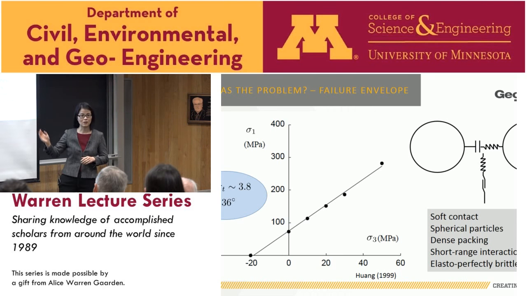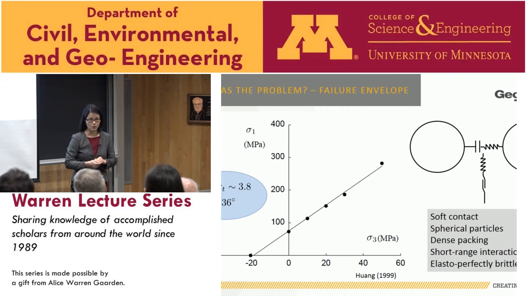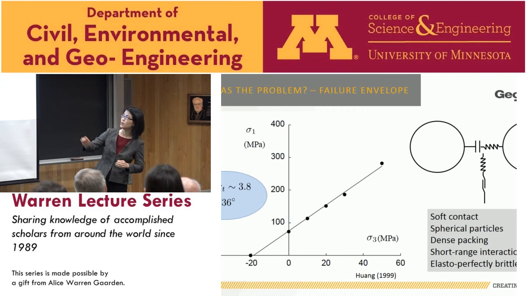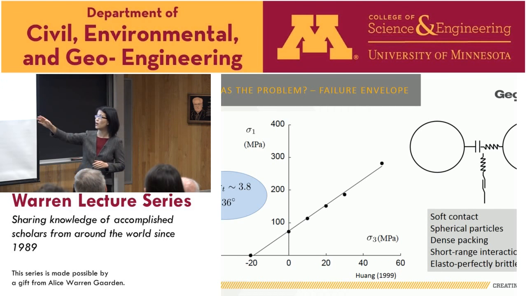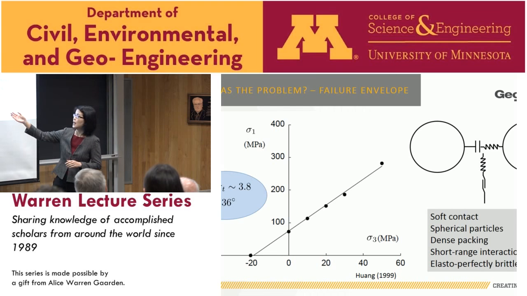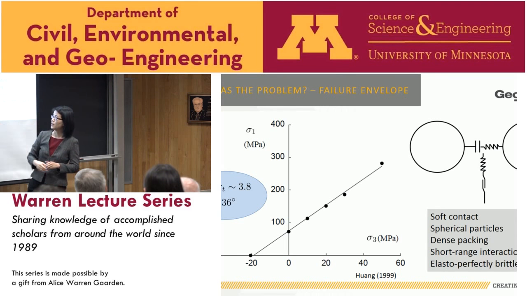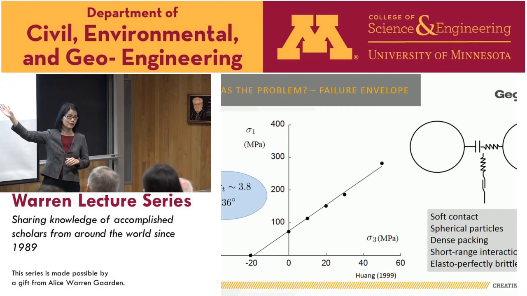As a result, the failure envelope, if you plot it in the principal stress space, sigma 1 versus sigma 3, you end up with a slope of around 4, and that's the maximum you can get.